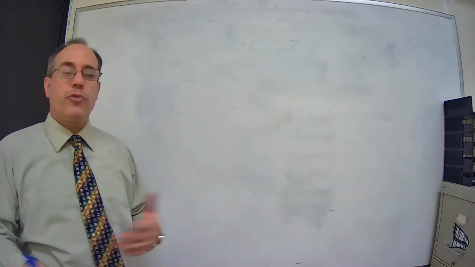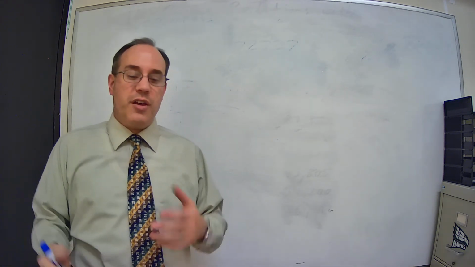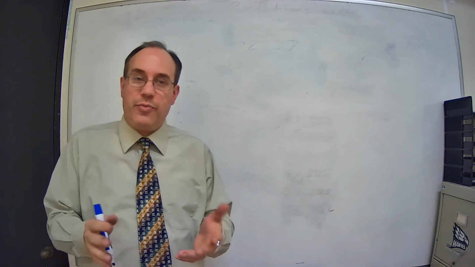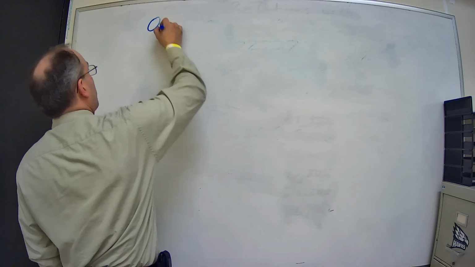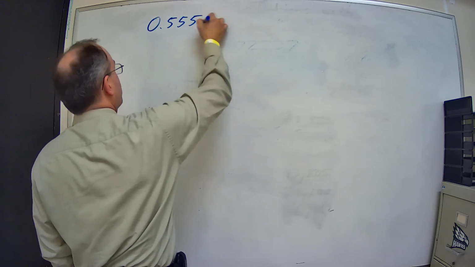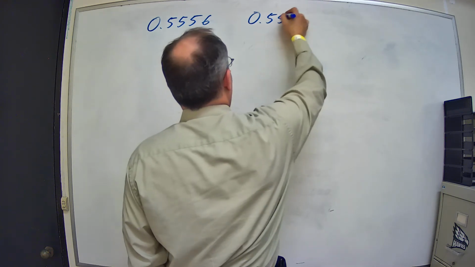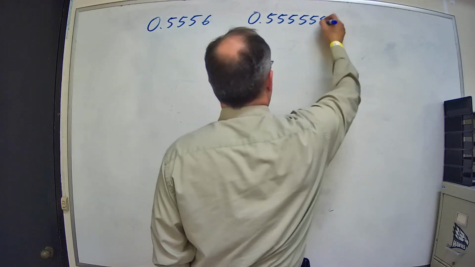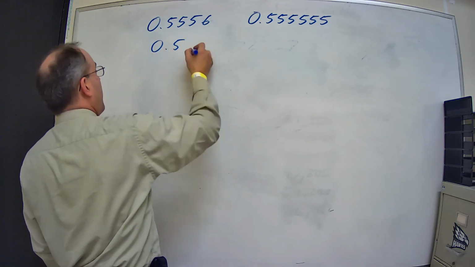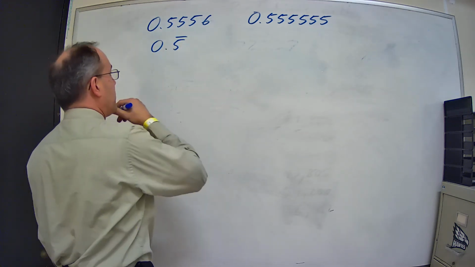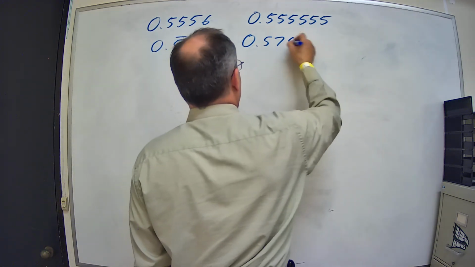Now that we're familiar with repeated decimals, let's go to ordering some decimal numbers where there could be repeating numbers involved, right? So let's say 0.5556, 0.555555, 0.5 repeating, 0.5757.